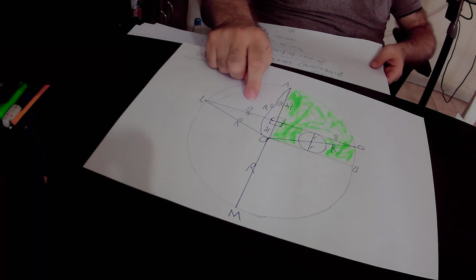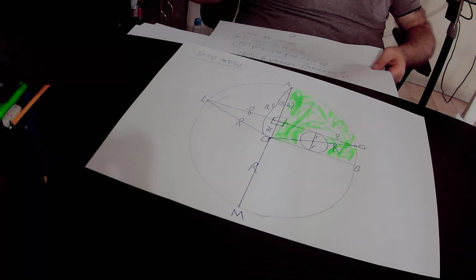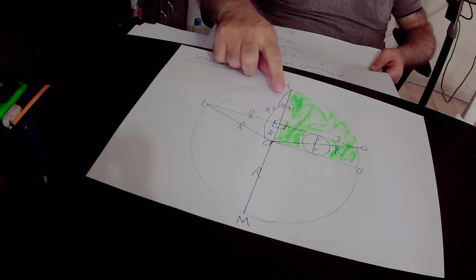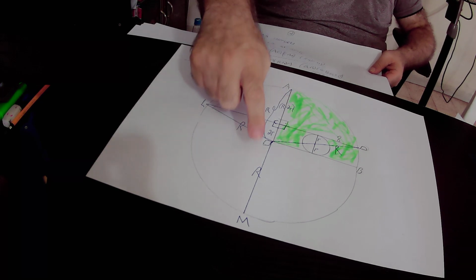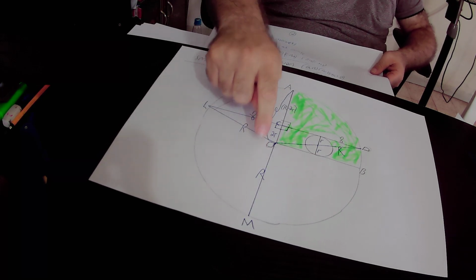LC equals 8, CD equals 8, AC equals capital R minus 2R, and CM equals capital R plus 2R.